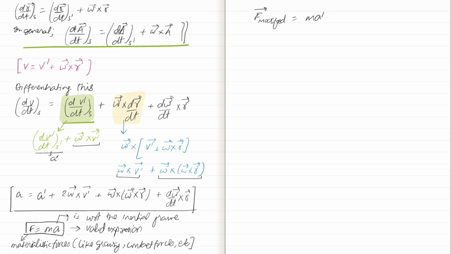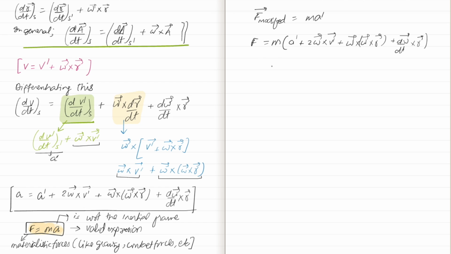We know F is equal to ma was valid because that was for the inertial frame. So instead of a, we can write a dash plus 2 omega cross v dash plus this term. So F is equal to m into acceleration, which is nothing but a dash plus 2 omega vector cross v dash vector plus omega cross omega cross r vector plus d omega by dt cross r vector.